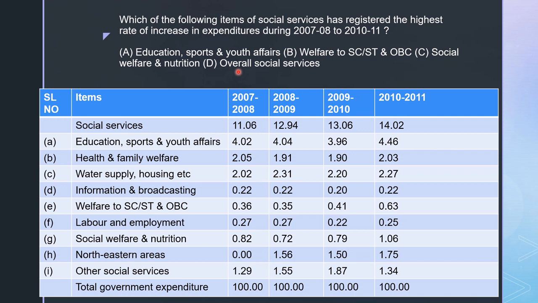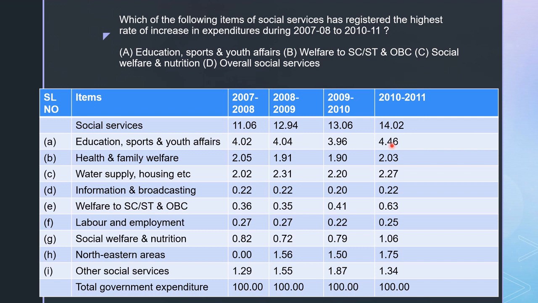So how do we calculate which social service has registered the highest rate of increase in expenditure during 2007-08 to 2010-11? First option is education, sports and youth affairs. In 2007-08 the value is 4.02 and in 2010-11 the value is 4.46.